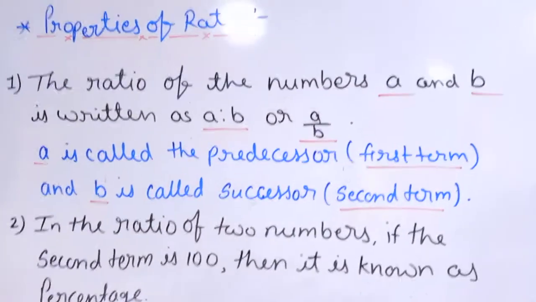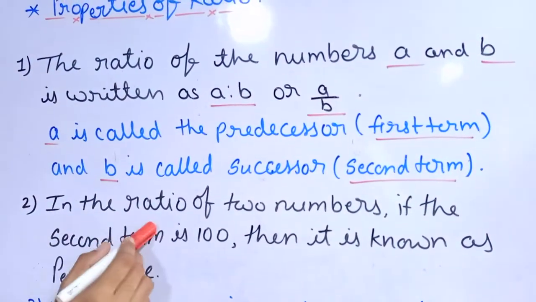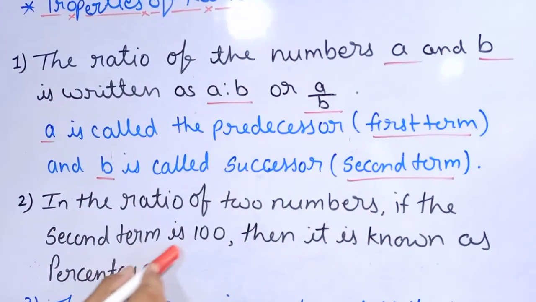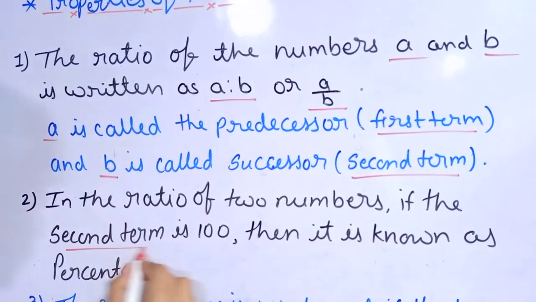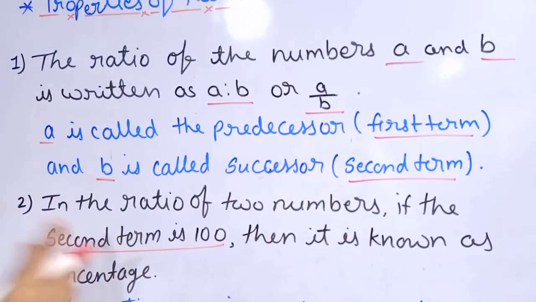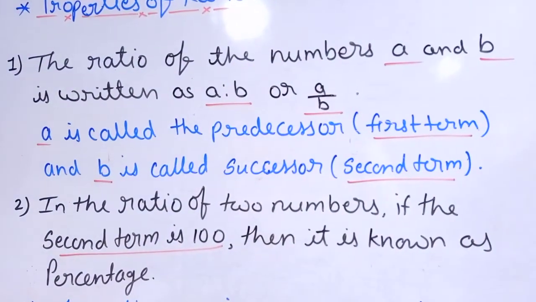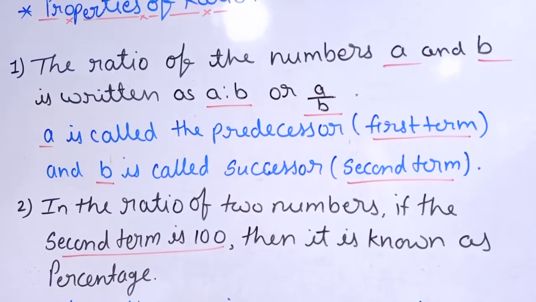The second property is that in the ratio of two numbers, if the second term B is 100, then it is known as a percentage.